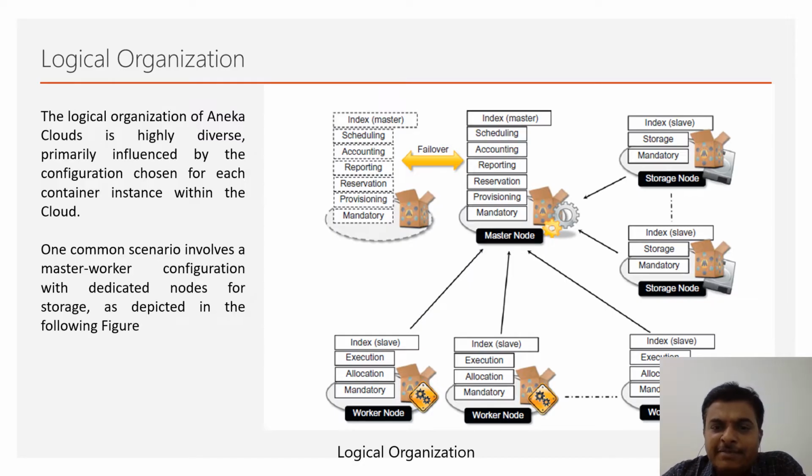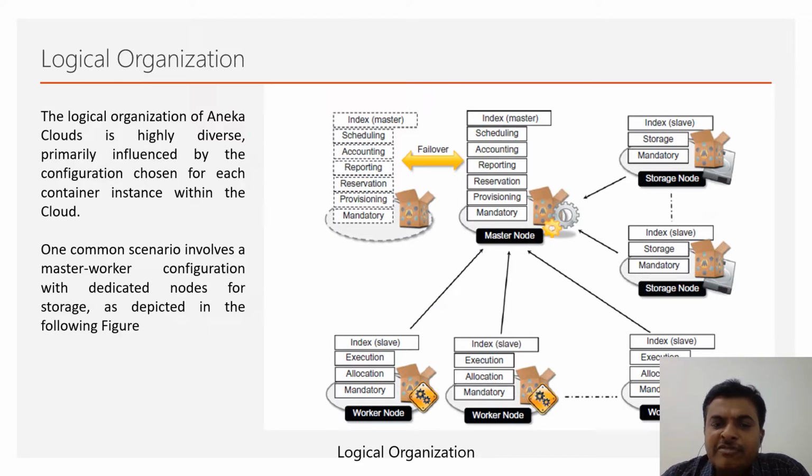So if at any time the master node fails, immediately the failover copy will be up and running, serving the other storage nodes and worker nodes. The storage nodes have three elements: index, slave version storage, the actual storage data, and the mandatory specifications that need to be maintained. Again, we have a number of storage nodes to maintain redundancy of the actual data.